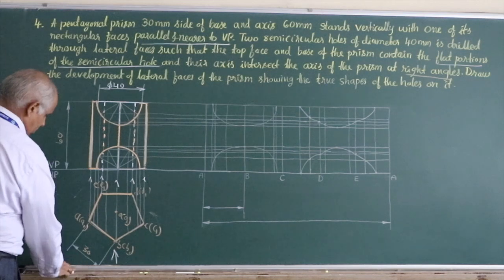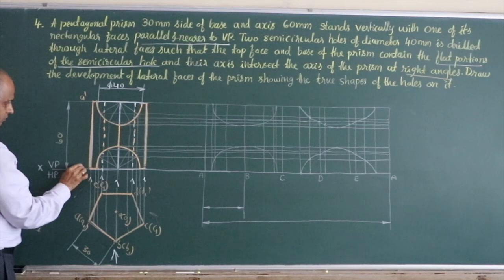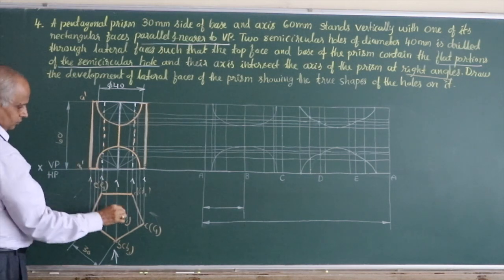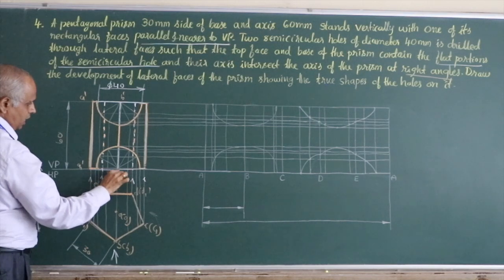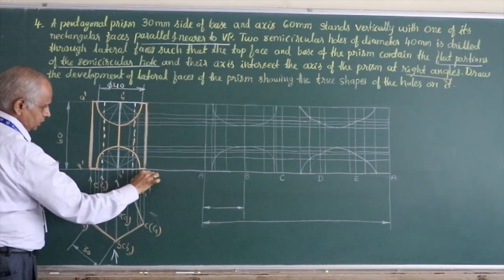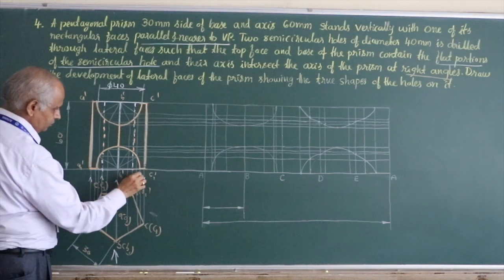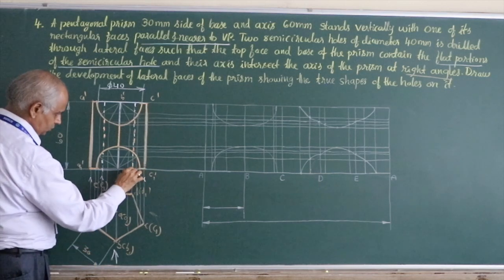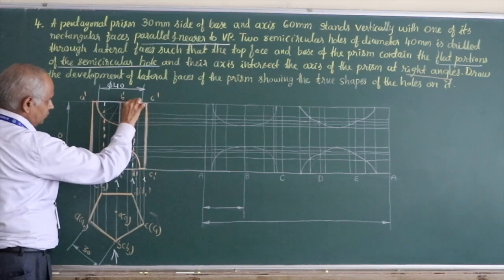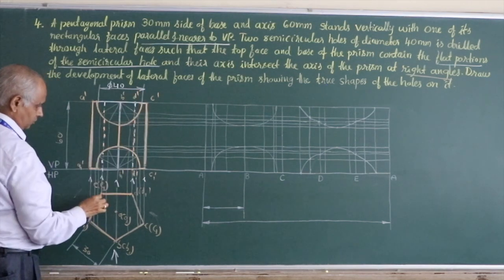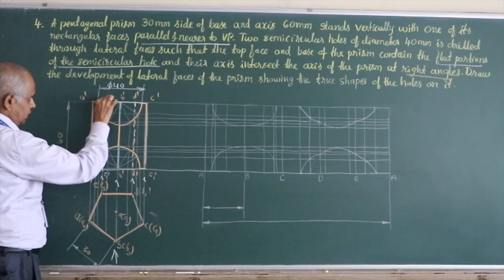Now let us try to name the points also. This is A dash, A1 dash, then B dash, B1 dash, C1 dash, C dash, then here this point is D1 dash, D dash, and here is E1 dash, E dash.